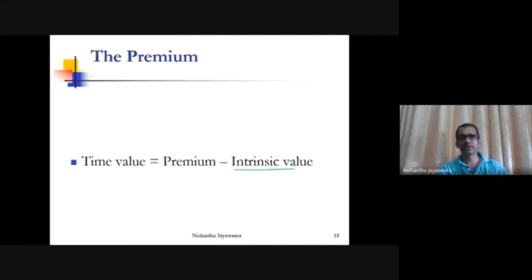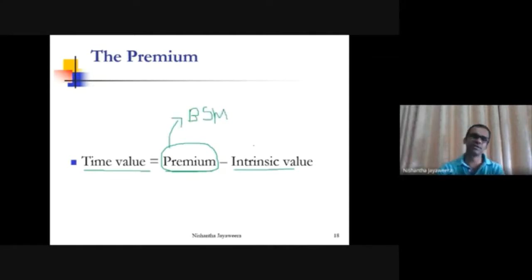So to calculate the time value, how do we do it? We take the premium and deduct the intrinsic value. To calculate the entire premium itself, there are different models.